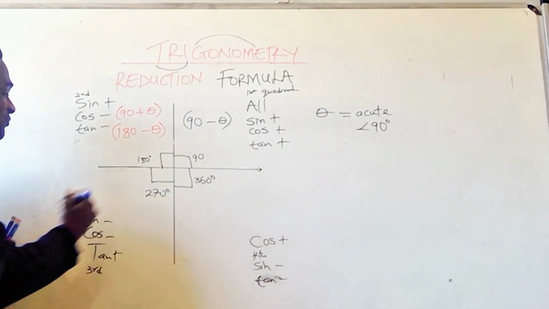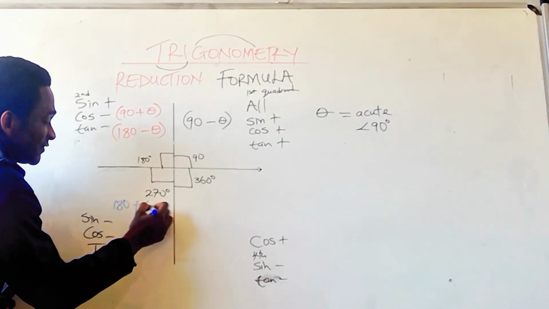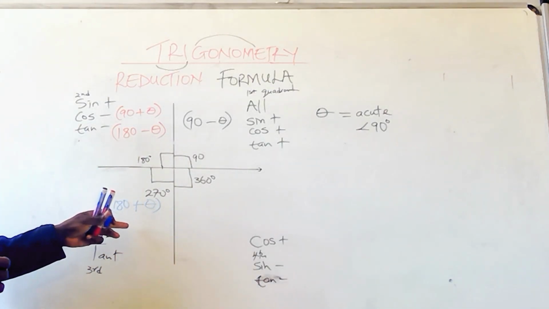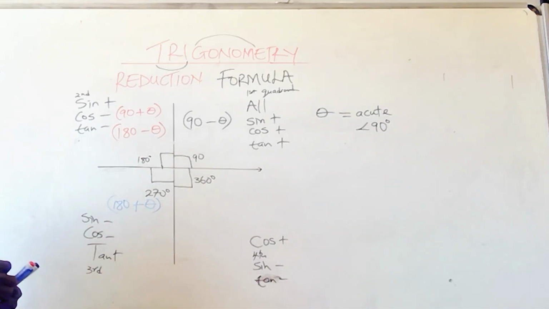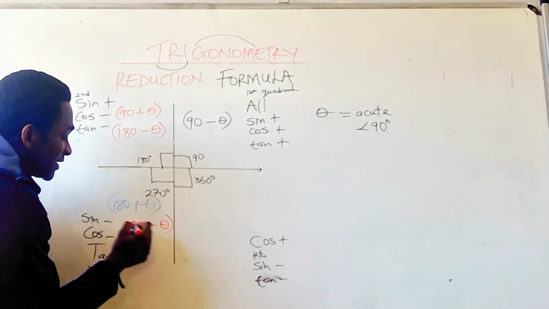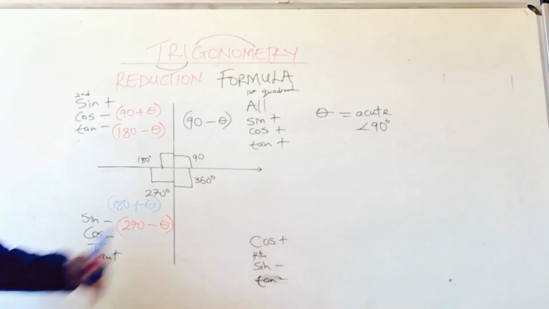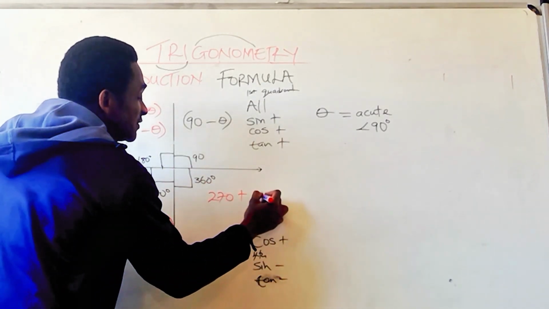In the third quadrant, we are looking at 180 plus theta. It must be greater than 180 degrees, but less than 270. So it can also be 270 minus theta. Remember that theta must be an acute angle. So if any angle falls in the fourth quadrant, it can be 270 plus theta.